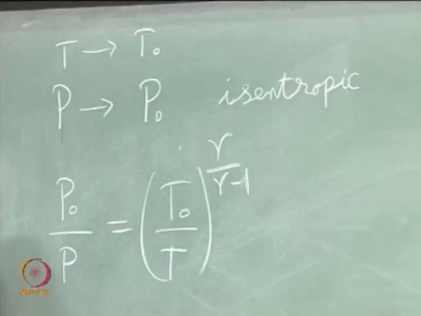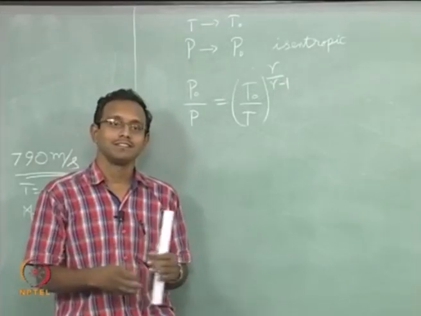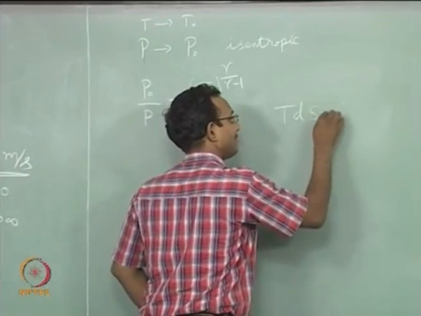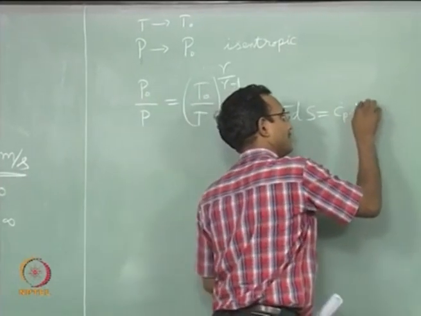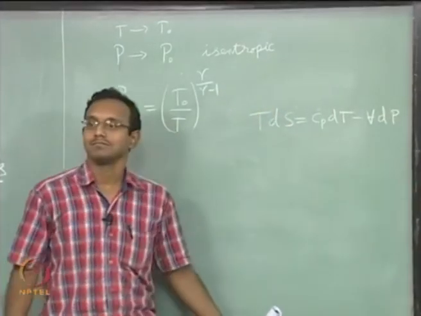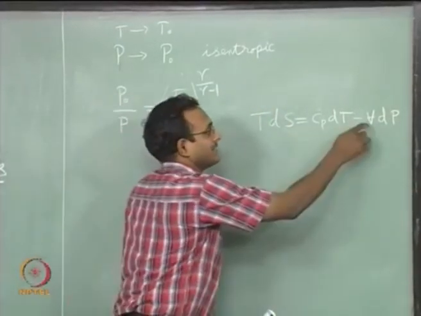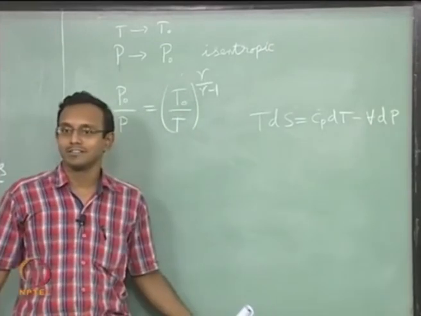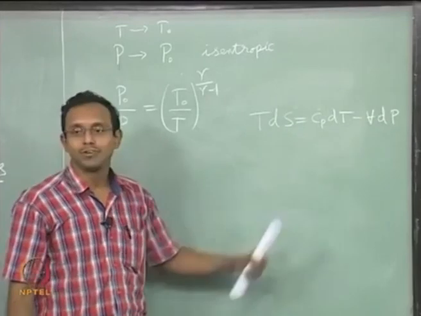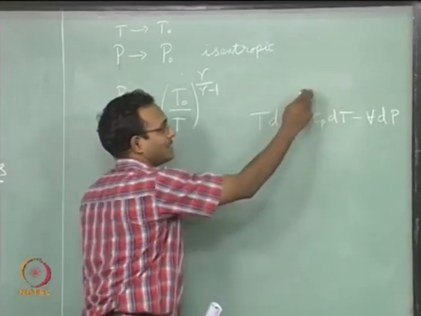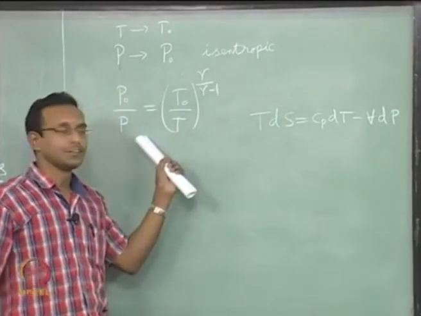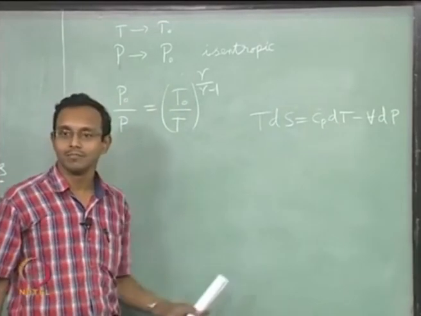Isentropic relation, something much more fundamental. From here, okay. I would rewrite this as RT by P and then I will get to this form, and I am going to say isentropic this 0, I will rearrange the terms, I will get to this expression. From there I will get to here, that is where you are getting Cp by R, okay.